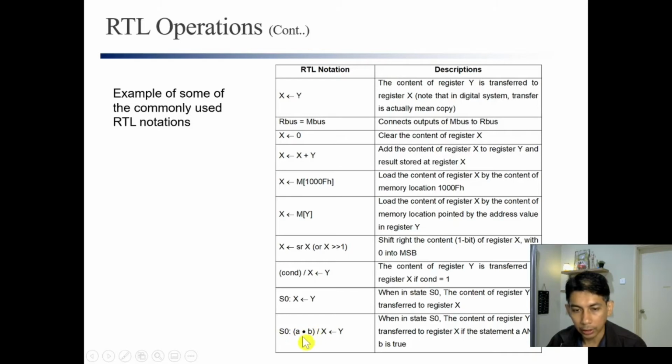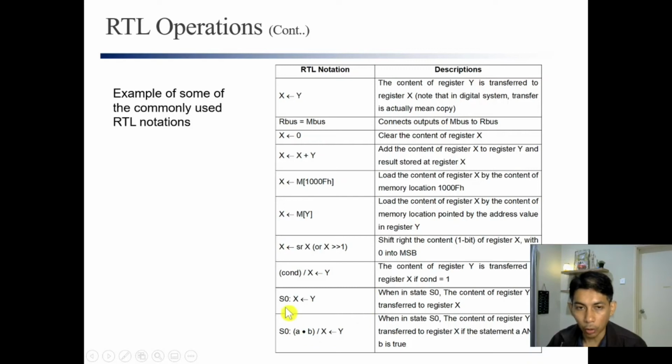All right, this is the condition. This is an example actually. So if conditions A and B are true, meaning that if A and B equal 1, you move the data. So here can be anything actually. This is the condition, just like this, but we have the state. We do this in state S0, for example, right?